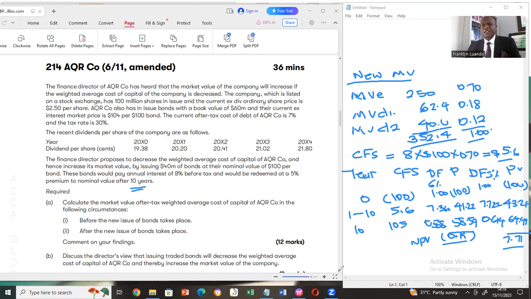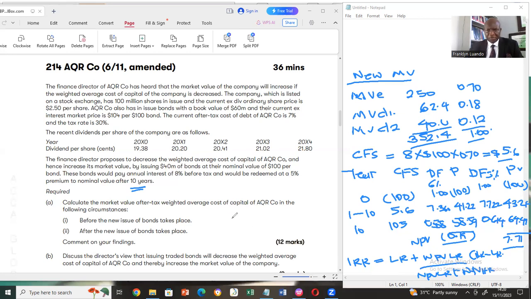The internal rate of return, you can calculate it using the formula: lower rate plus NPV at lower rate, divided by NPV at lower rate plus NPV at higher rate, multiplied by higher rate minus lower rate. So we can put the figures there.